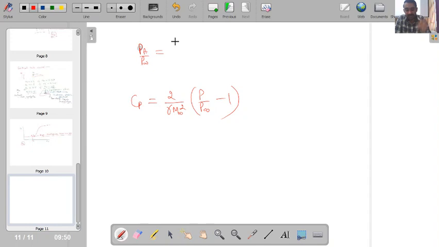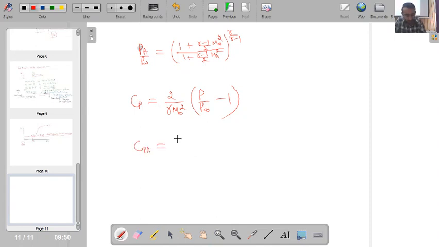For the normal shock wave cases, we have seen that Pa by P infinity can be related as 1 plus gamma minus 1 by 2 M infinity square divided by 1 plus gamma minus 1 by 2 M A square, whole power gamma by gamma minus 1. So if I substitute this over here, then I can calculate the value of CPA.